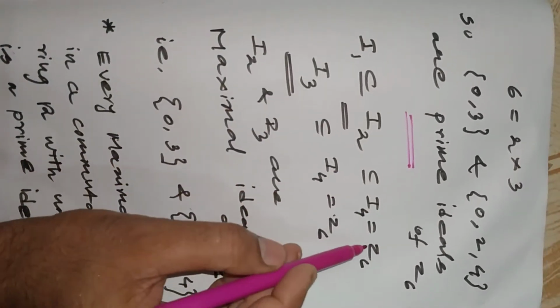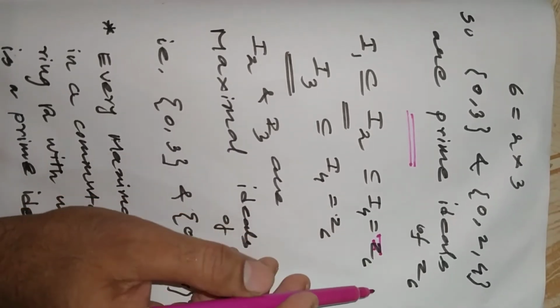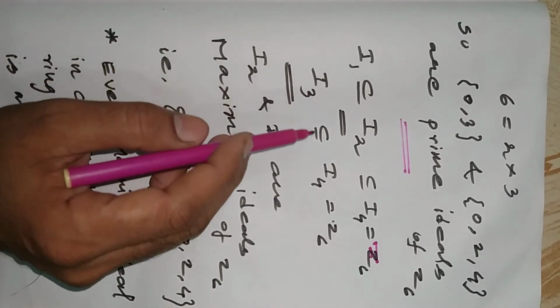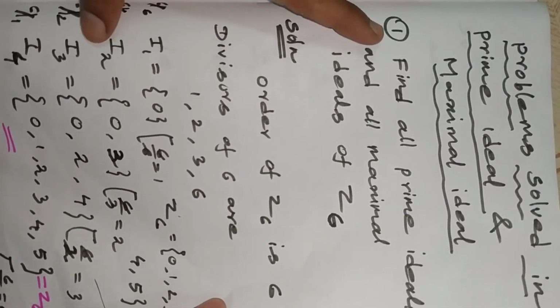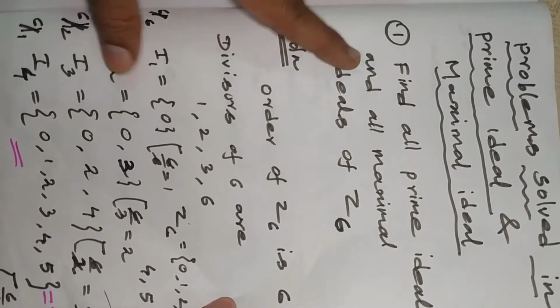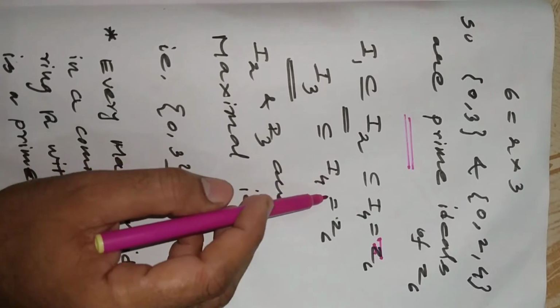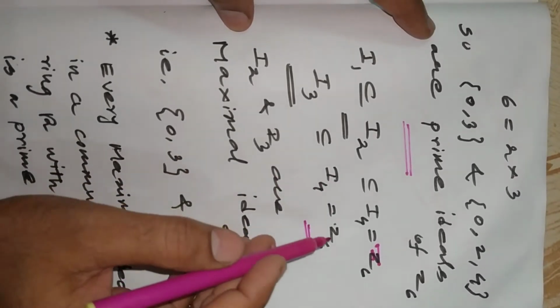I4 is nothing but Z6. Now next, I3 is contained in I4. Otherwise, I4 contains I3. So I4 is nothing but Z6.